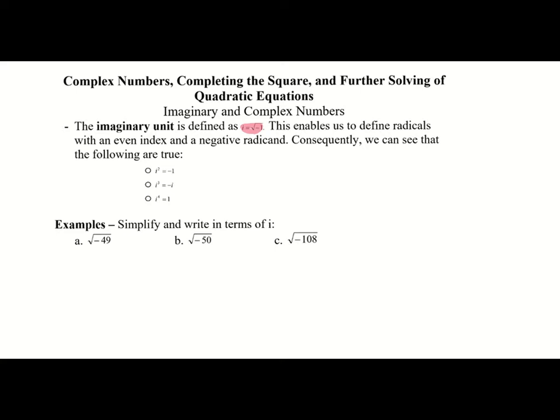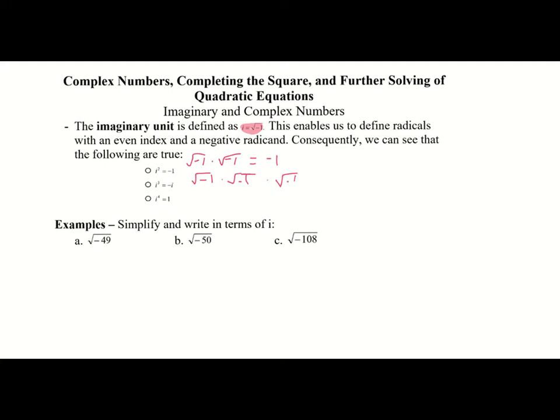If we have i equals the square root of -1, then we know that i squared will be -1, because i squared would be the same as the square root of -1 times the square root of -1, which gives us that -1, whatever's under that radical. i cubed is equal to -i, because i cubed would be the same as the square root of -1 times the square root of -1, and then another square root of -1.